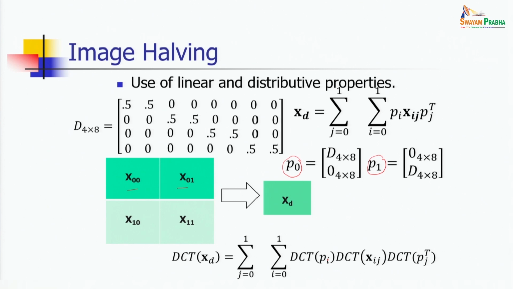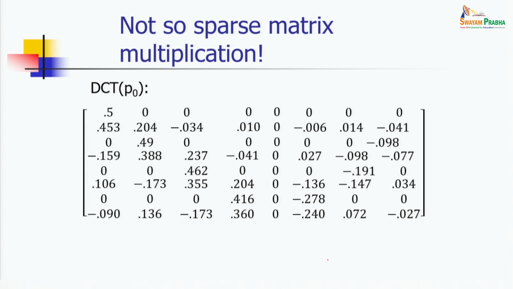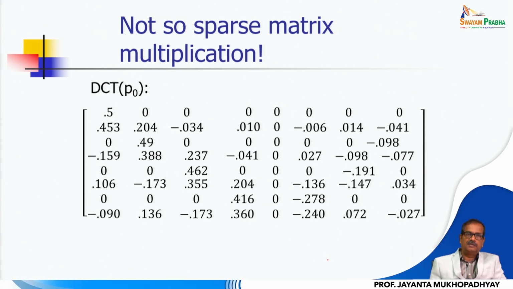But one of the problems here is that though we can do matrix multiplications directly in the DCT domain, you will find that the downsampling matrix, which looked so sparse because there are many zeros and only a few non-zeros, when transformed by DCT is not very sparse. You can see that there are many non-zero elements. Earlier, P0 was given like this, say 0.5, 0.5 and then all zeros.